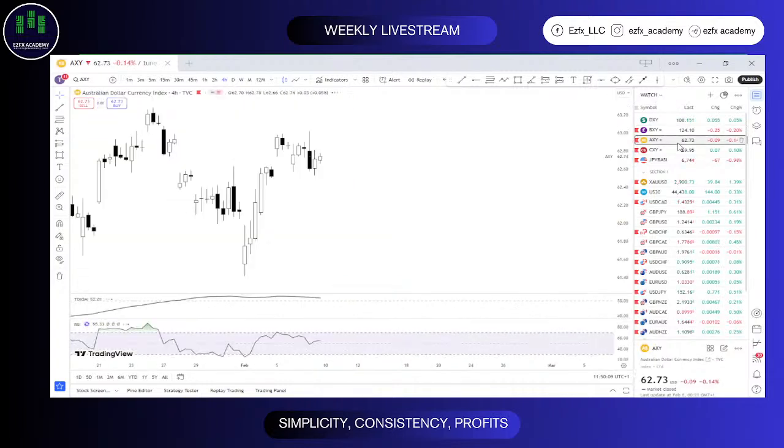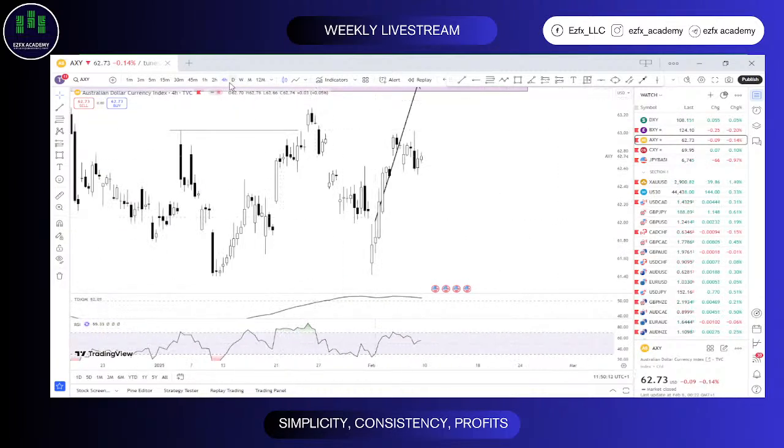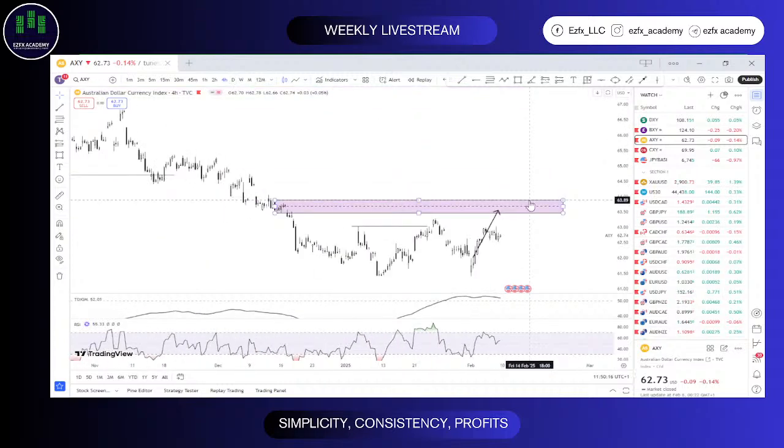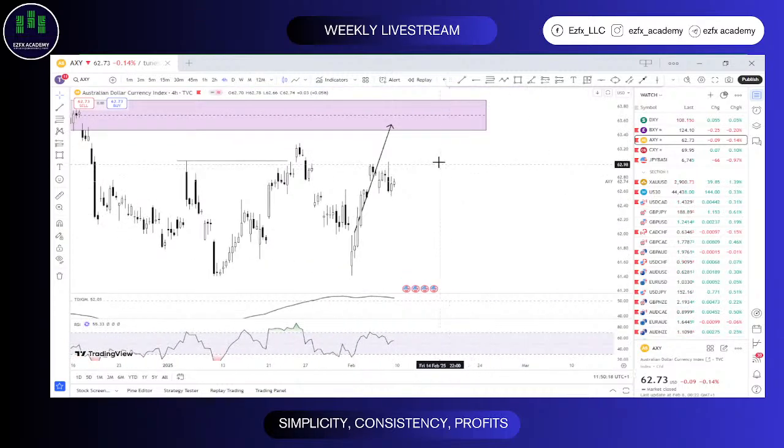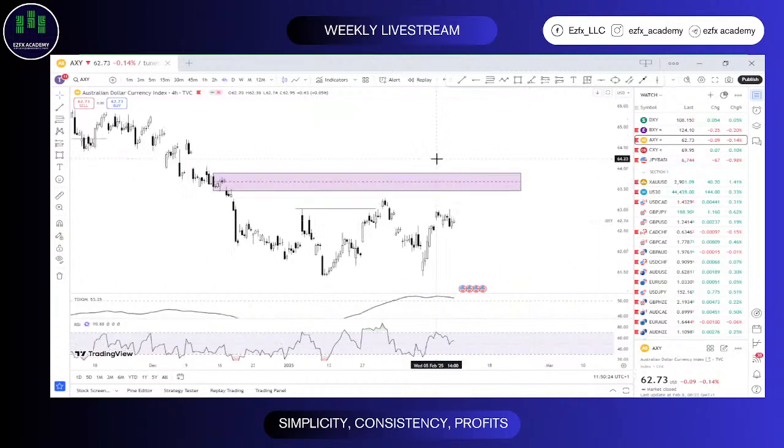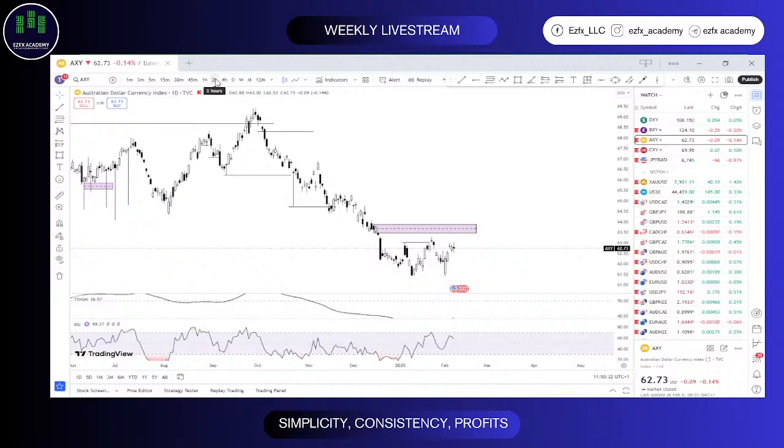All right, so let's go to AXY rather, the Australian dollar currency index. Let's see the daily time frame. Okay, this is 4 hours. I think I will still want to go with the current bias I'm seeing on my chart right now. But let's just look at it together a little bit more.